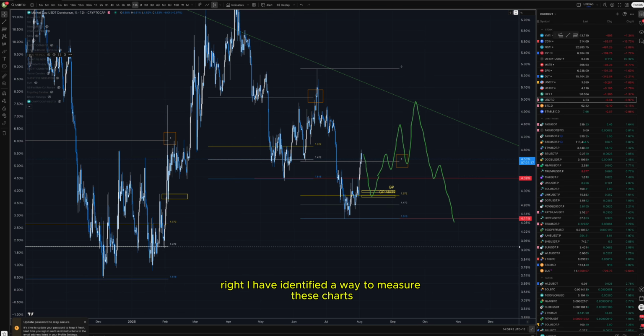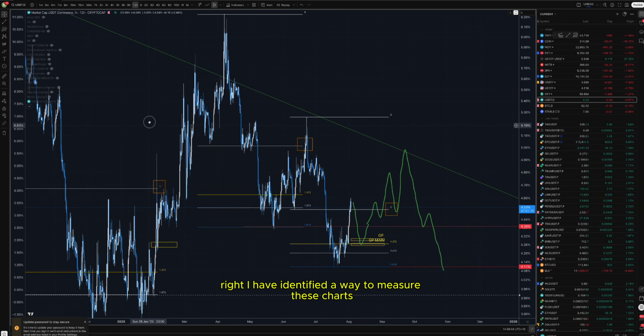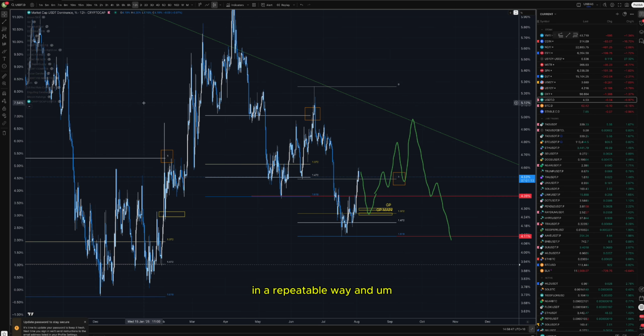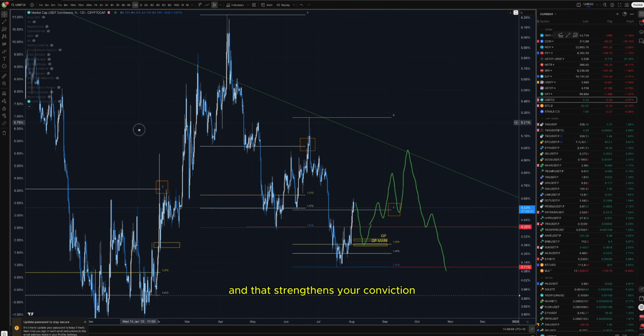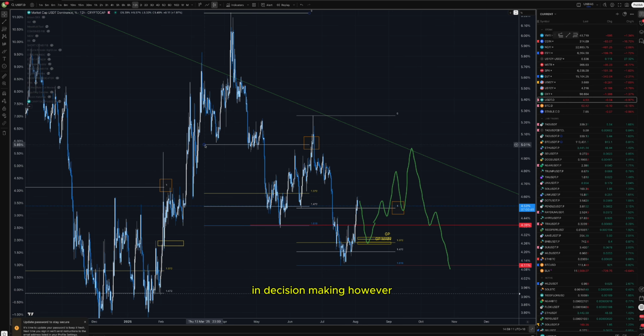I have identified a way to measure these charts in a repeatable way, and it gives me a statistical edge, which has been 100% so far. That's all. This has nothing to do with volume. Obviously, this is only one source of information, and you should use multiple sources in order to generate confluence, and that strengthens your conviction in decision making.